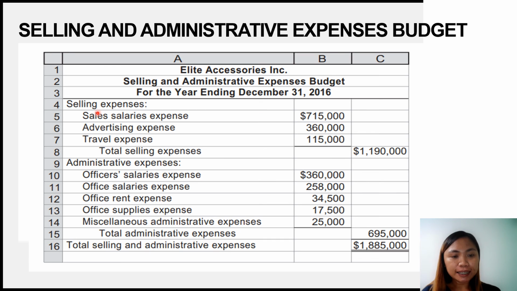So as what we can see, the selling expenses total 1,190,000 while the administrative expenses total 695,000. So normally the selling and administrative expenses budget are supported by departmental schedules. So for example, the advertising expense budget is under the marketing department.